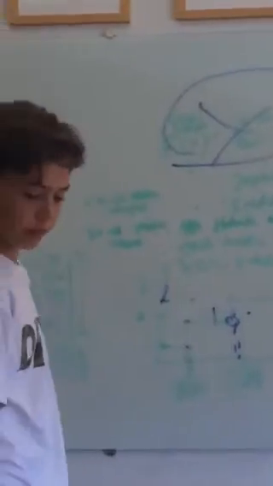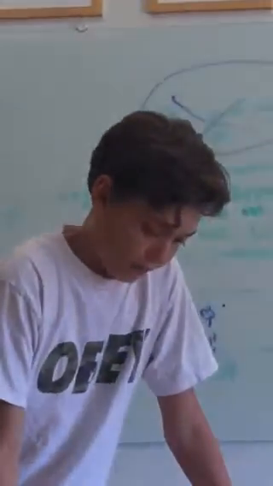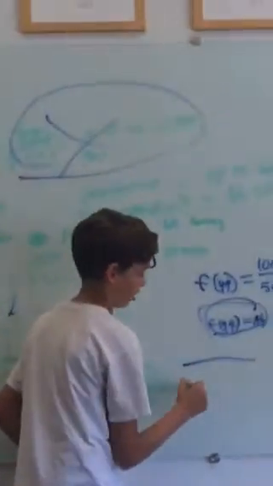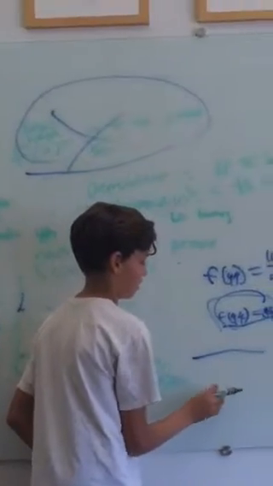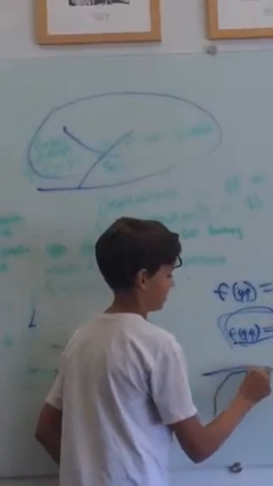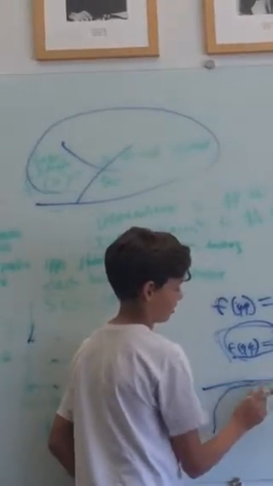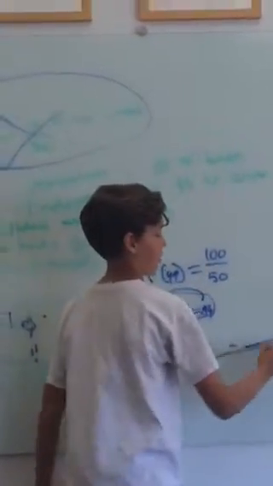Okay. And so next we have identify the vertical or horizontal asymptotes. An asymptote is something that a curve will get really close to, but it'll never quite touch. It'll go on forever without ever touching.